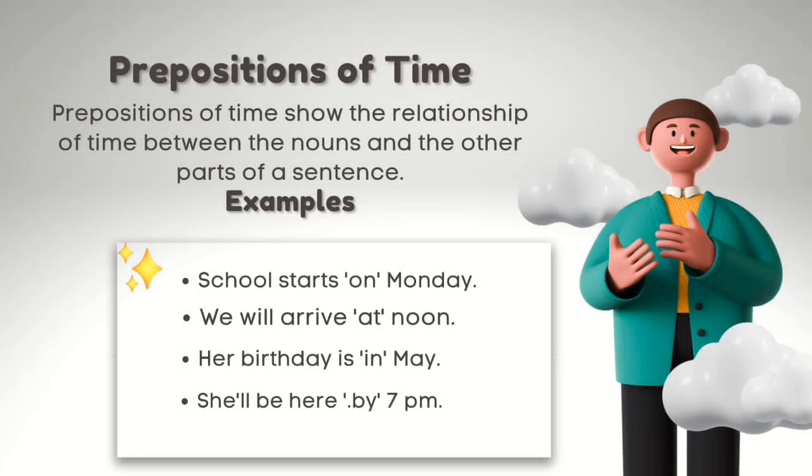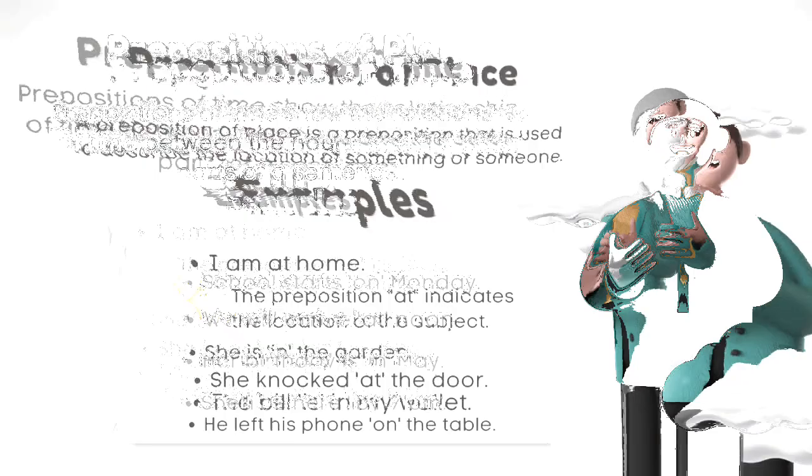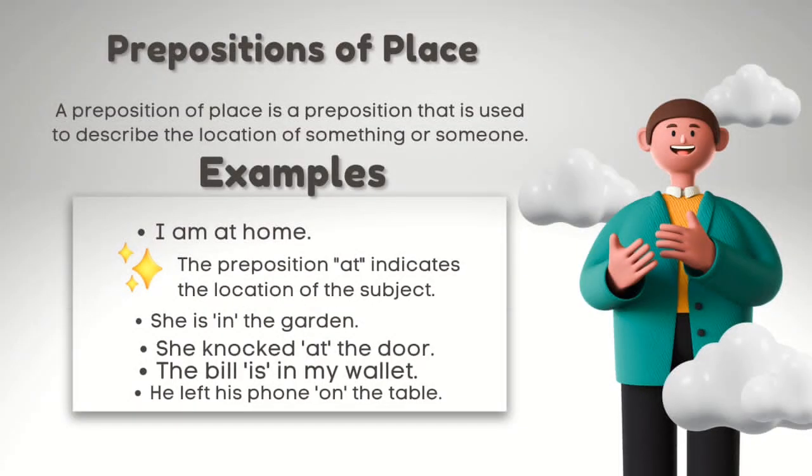We're moving to another type of preposition, which is prepositions of place. A preposition of place is a preposition that is used to describe the location of something or someone.